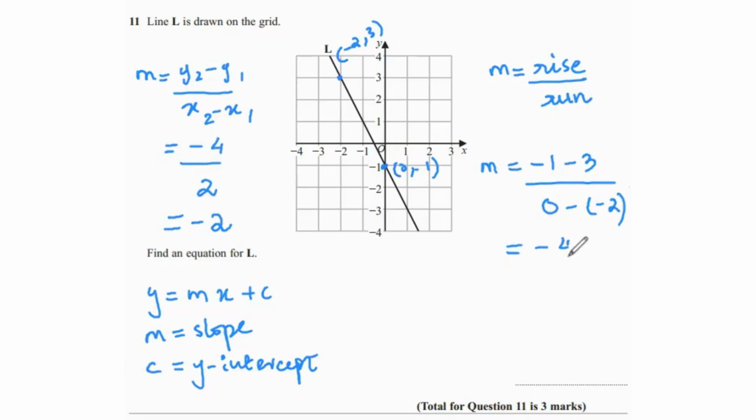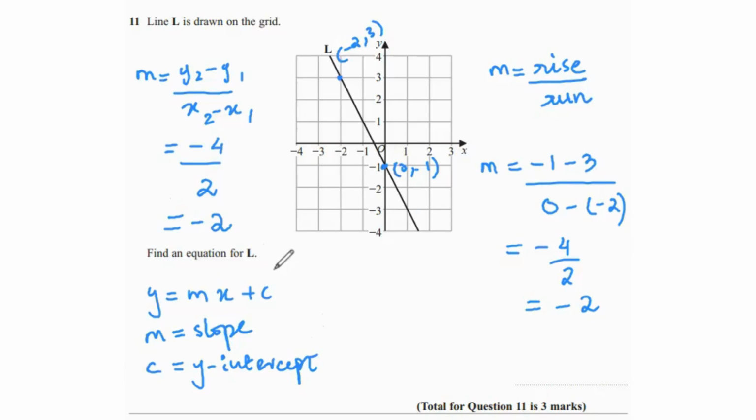That's also -4 over +2, which equals -2. As you can see, the final result is still the same. What's different is the way you're saying it. Either you use the formula, which is y2 minus y1 over x2 minus x1, or you say rise over run. Both mean the same thing, but some people are more comfortable with rise over run, while others are more comfortable with using the formula.